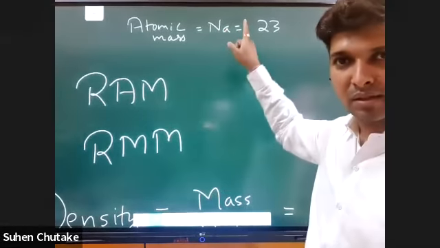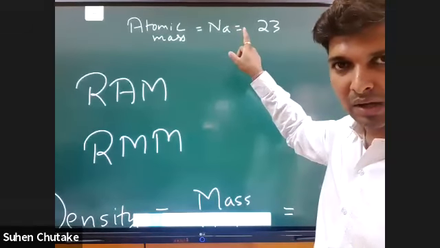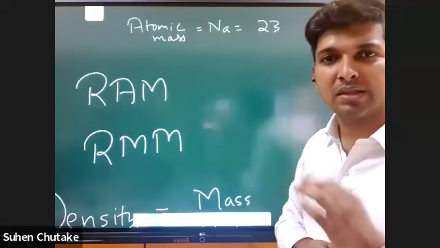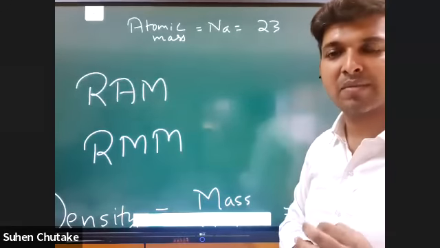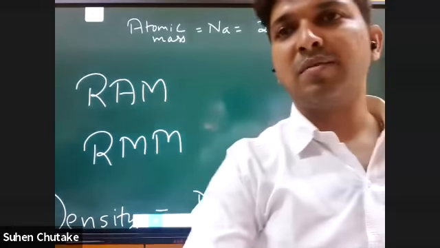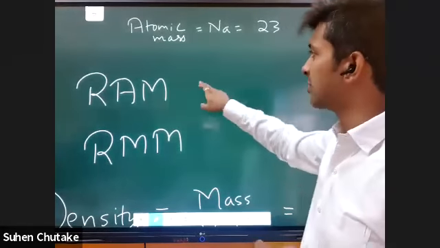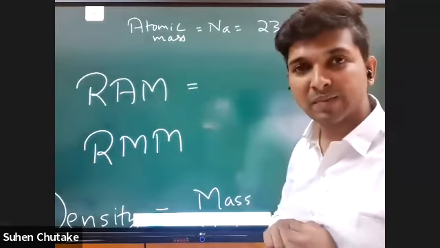Can you see this written over here? So sodium atomic mass is 23, but it is not the relative atomic mass. So how do we calculate relative atomic mass?